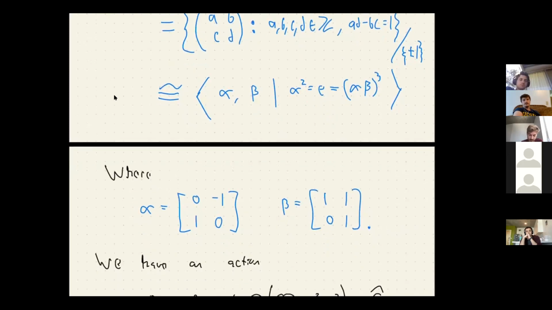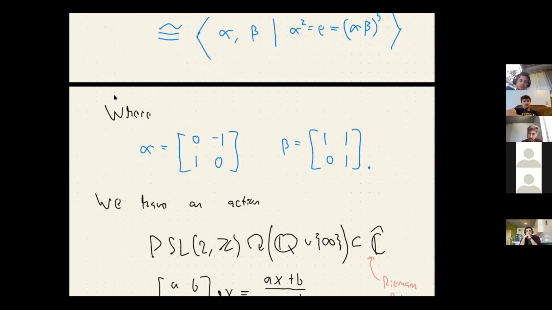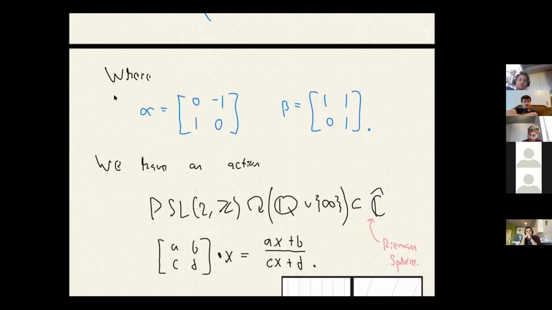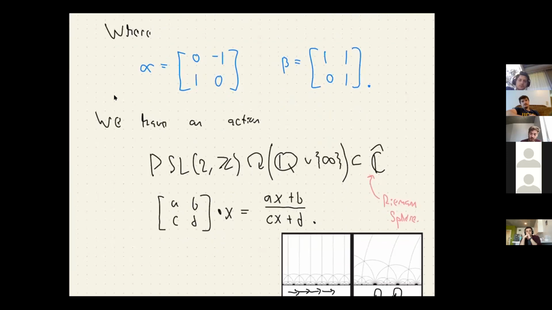Okay, cool. So what's next? Well, we have an action of this group, PSL2Z, on the Riemann sphere. And how does it act? It acts by Mobius transformations. And in particular, it acts on the subset of the Riemann sphere which is all the rational numbers lying on the real axis, union our favorite rational number, infinity.